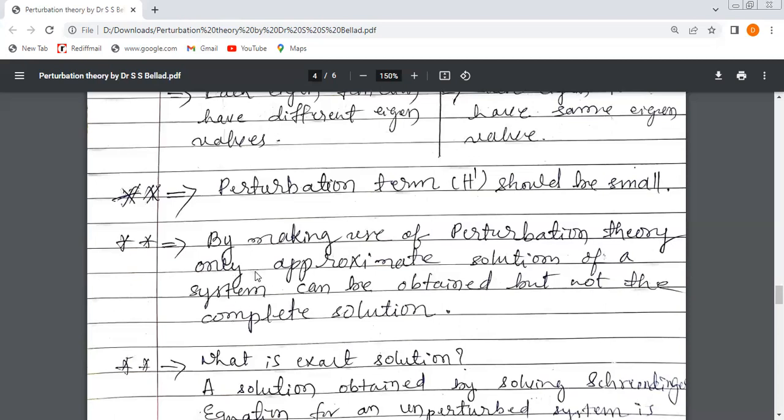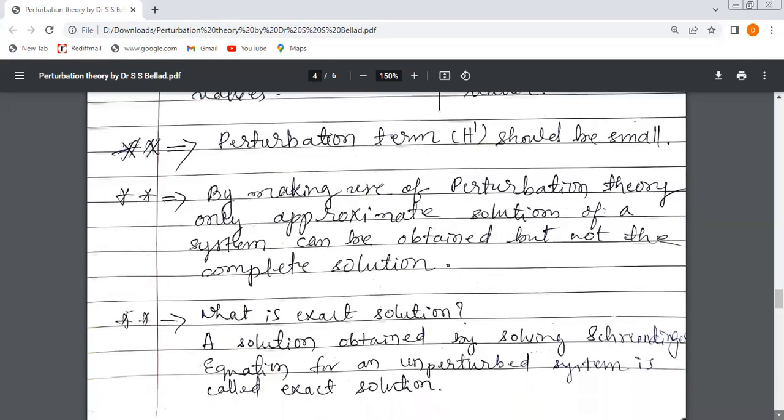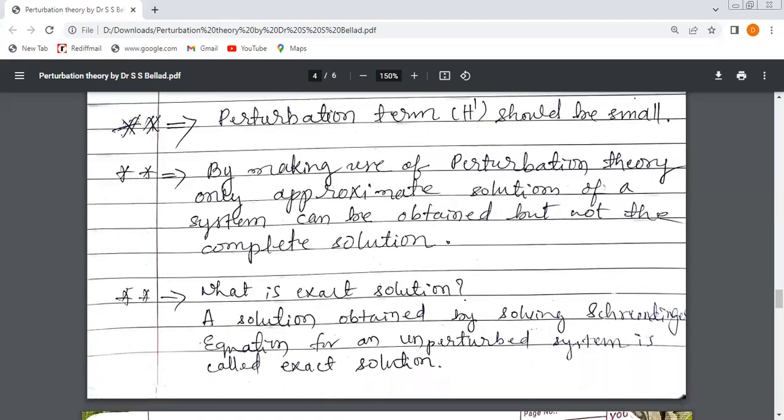Then the second point: by making use of the perturbation theory, only an approximate solution of a system can be obtained, but not the complete solution. So this perturbation theory is not giving the complete or exact solution. The exact or complete solution is the one obtained by applying the Schrodinger wave equation.